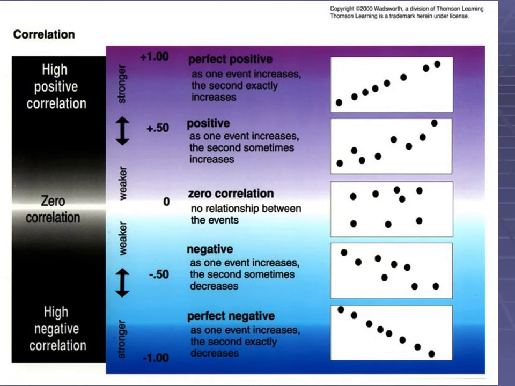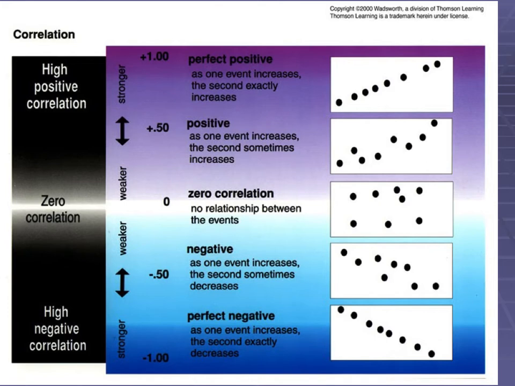Now, I talked about both direction and strength of correlations. When it's a positive correlation, that means that both of those variables are increasing together. When it's a negative correlation, that means as one increases, the other one decreases.